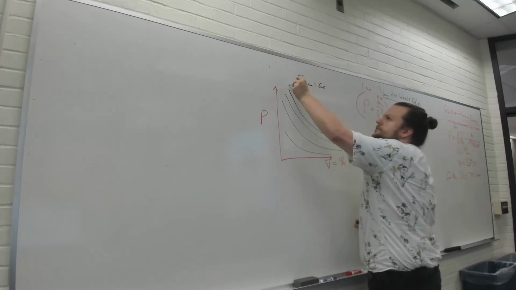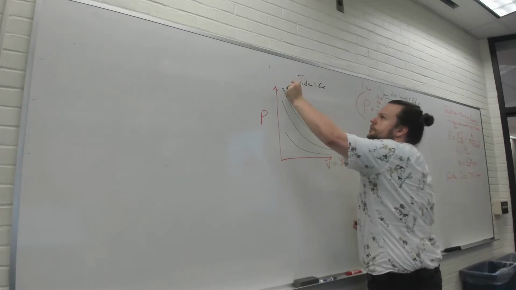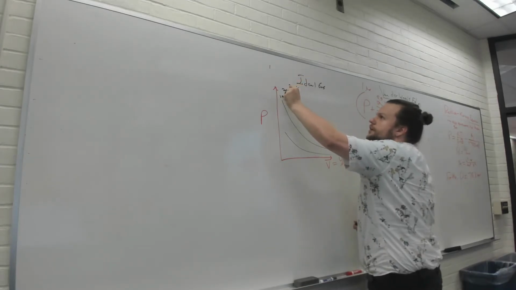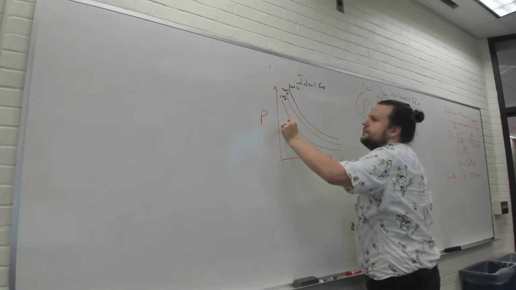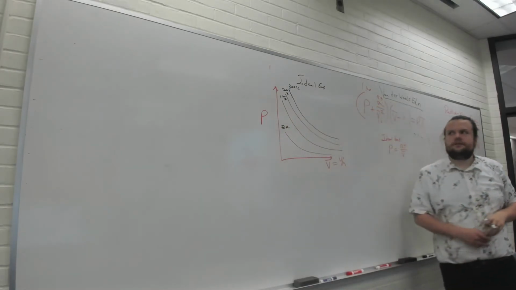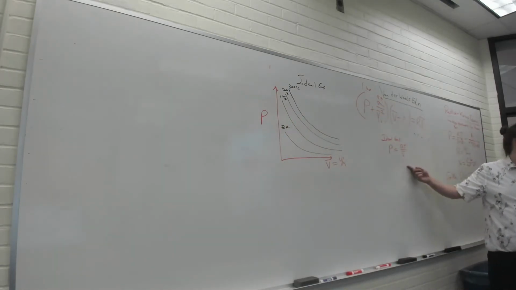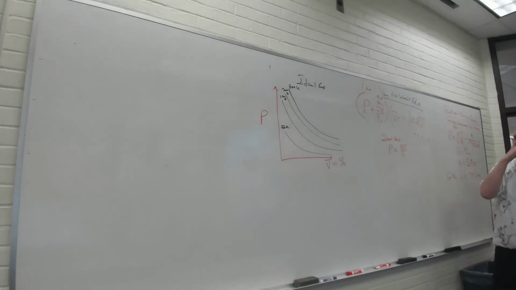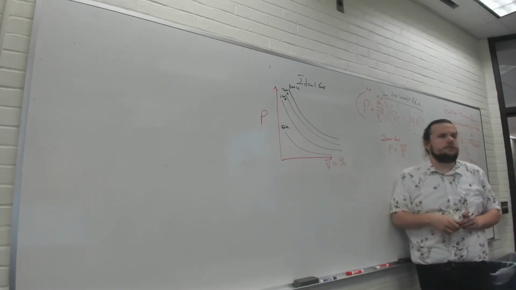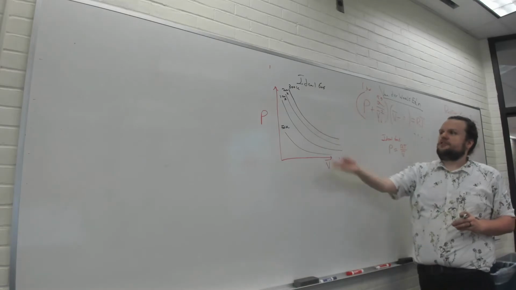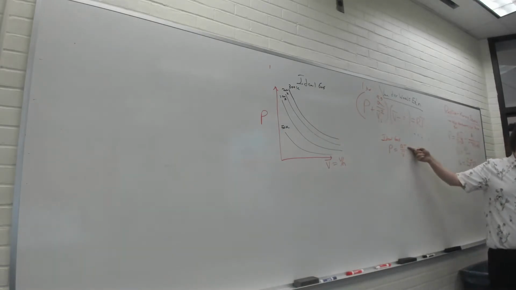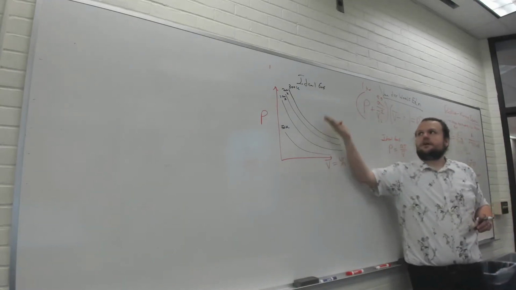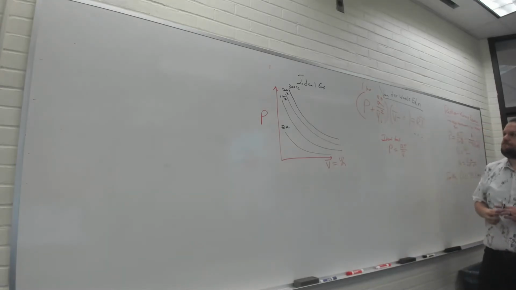So for instance, maybe this is 300 Kelvin, 200 Kelvin, 100 Kelvin, 50 Kelvin, and so on and so forth, right? It's just a 1 over x, right? It's just an inverse function. Right, so they don't look very interesting, right? And they increase as pressure increases because they're proportional to temperature, right? So they go like this as you increase temperature.